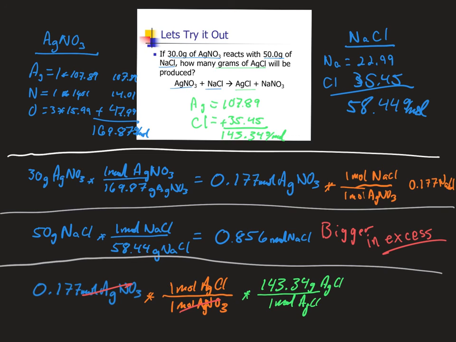and therefore it should be pretty straightforward multiplication to give me the fact that I will calculate out 25.31 grams of silver chloride.